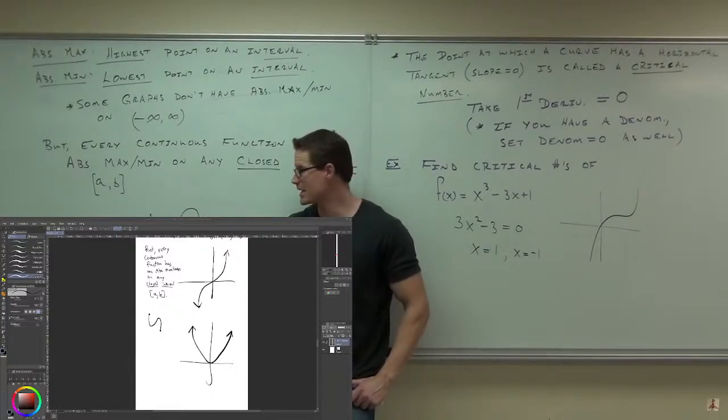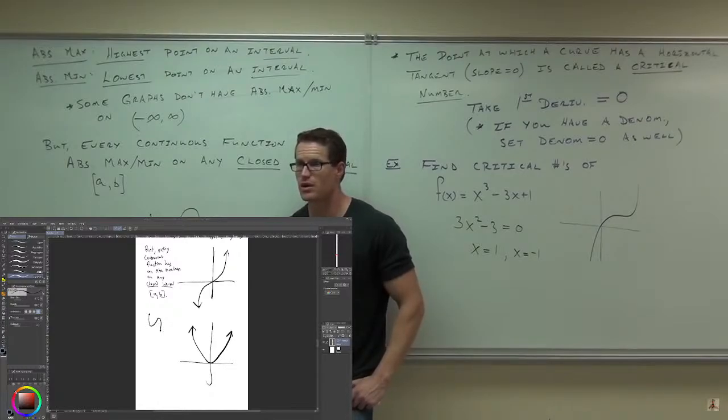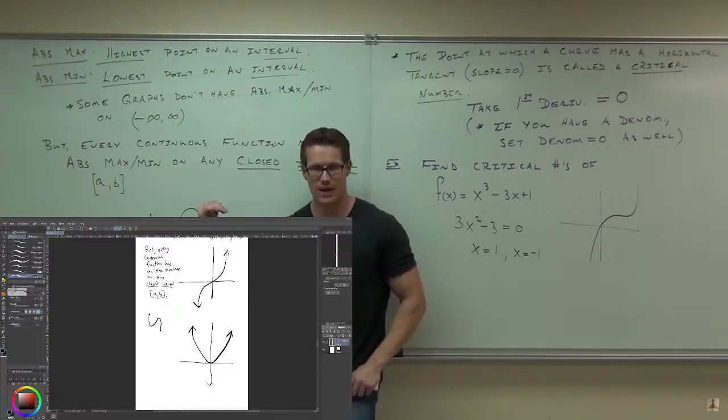So it's either got to be at an end point or at a relative max or min. That means a critical number. So what's going to happen for your absolute max or min?